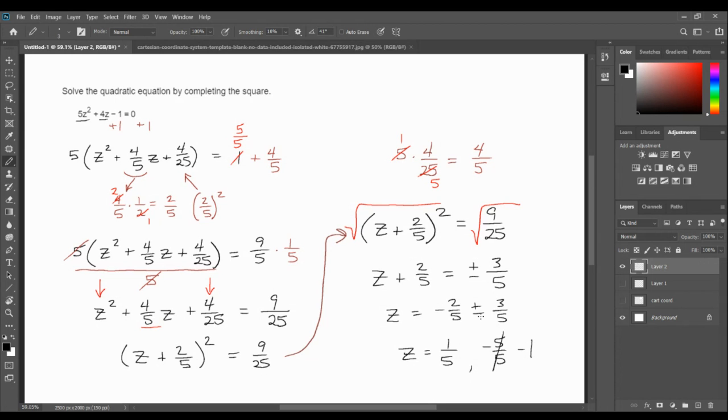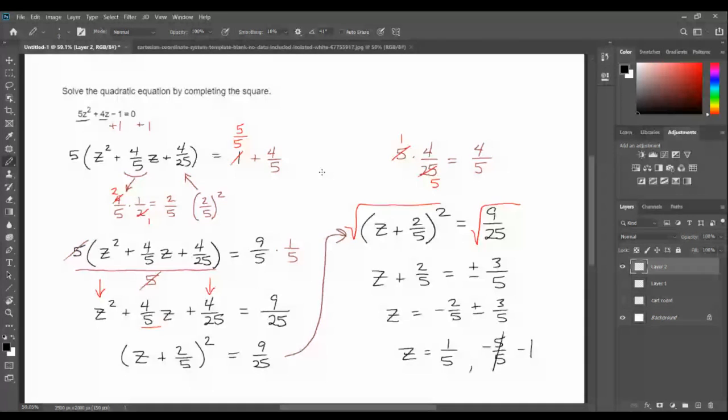It's a lengthy process, especially when that leading term is not 1. If the leading term is 1, it doesn't take as long, and we don't have to worry about this extra 5 out here changing that 4/25 into 4/5. And so I don't really like completing the square if that leading coefficient is not 1. It makes it more complex.